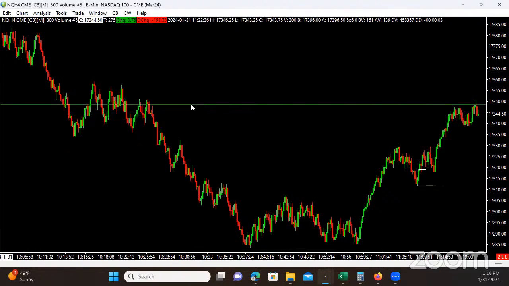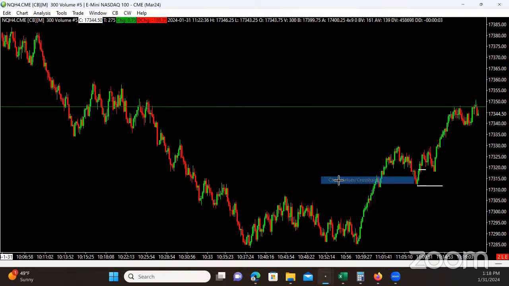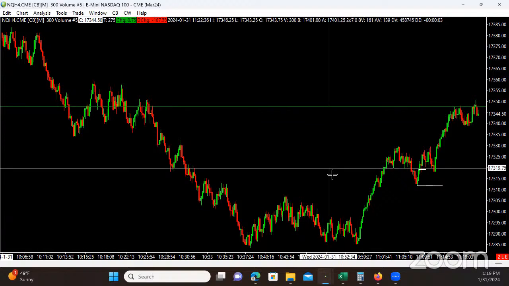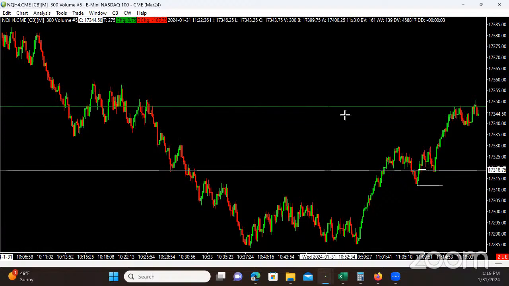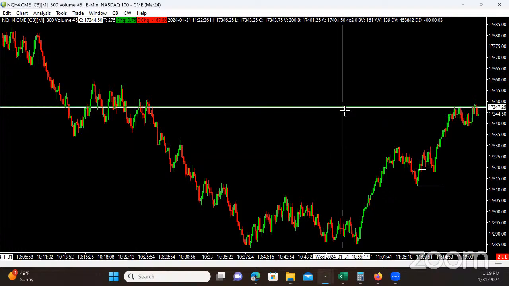We know for a fact price is going to come back up in here and test. Okay. We know that for a fact. So if we get in the trade at 19, we know that a fixed profit target could be from 19 and a quarter to, let's just say 47 and a quarter.